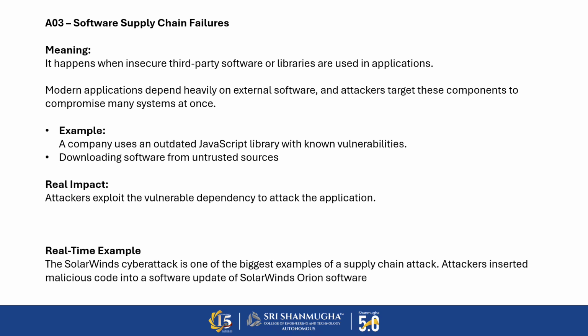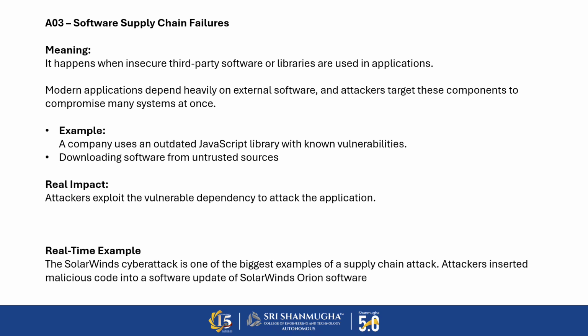The attacker exploits a vulnerable dependency to attack the application. The most common example of this supply chain failure is the SolarWinds cyber attack. It is one of the biggest attacks, and it happened because of outdated software, the SolarWinds Orion software.